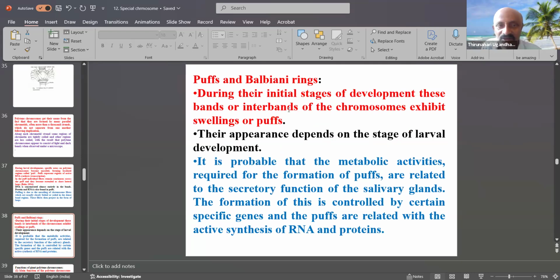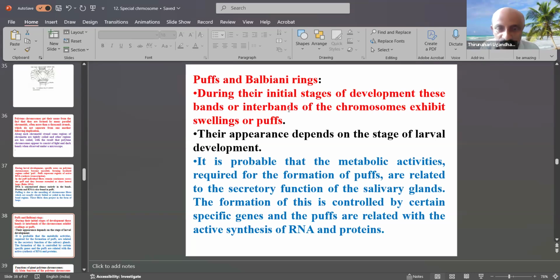During the initial stages of development, these bands and interbands of the chromosome exhibit a swelling or puff. Swelling means that the size of the band increases, which is also called a puff. Their appearance depends on the stages of larval development.